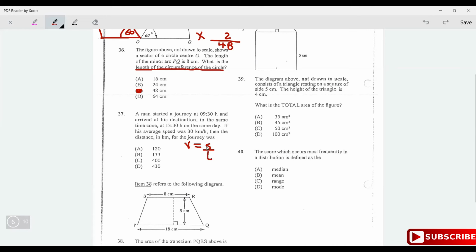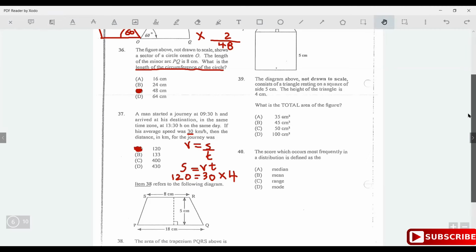So to find the distance, it is velocity times time. His average velocity was 30, and you multiply it by time. His time from 9:30 to 1:30 is 4 hours. And so the distance he traveled was 120 kilometers, which is A. Nice.